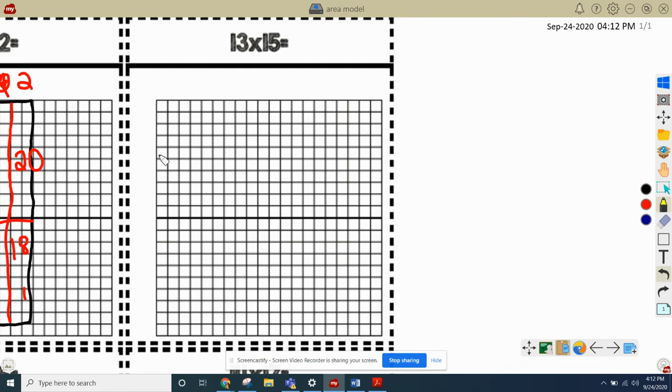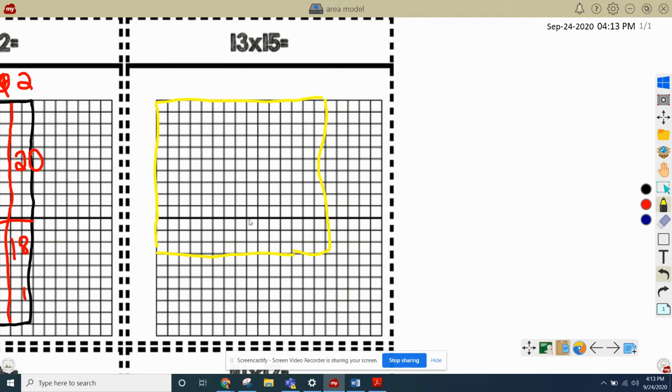So that means I would do 13 rows and 15 columns. 1, 2, 3, 4, 5, 7, 8, 9, 10, 13 rows, 15 columns, for 13 times 15. So again, we have 13 here and 15 here.